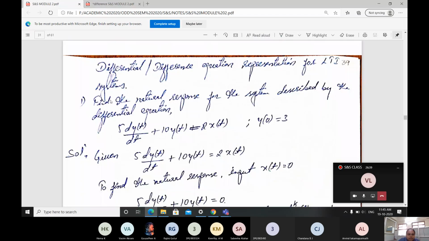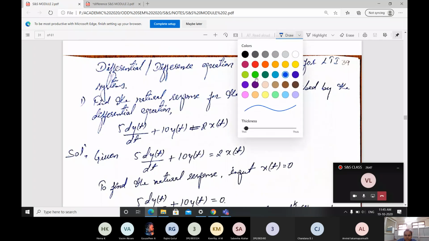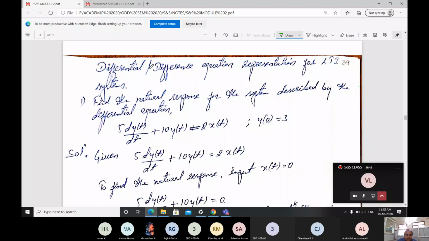Here the first problem given is: find the natural response for the system described by the equation.